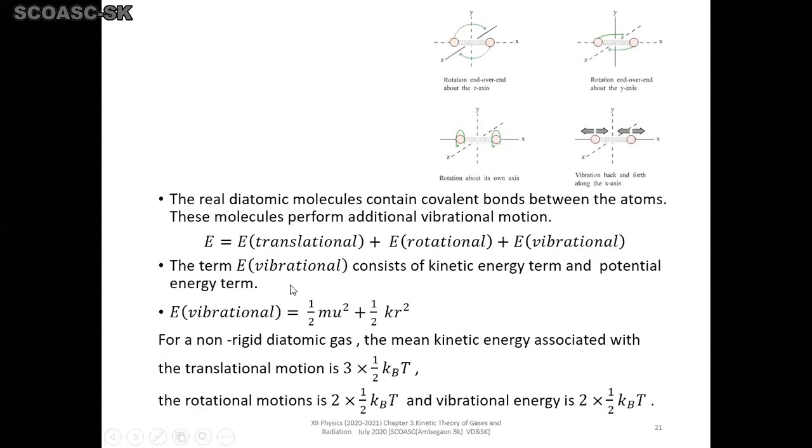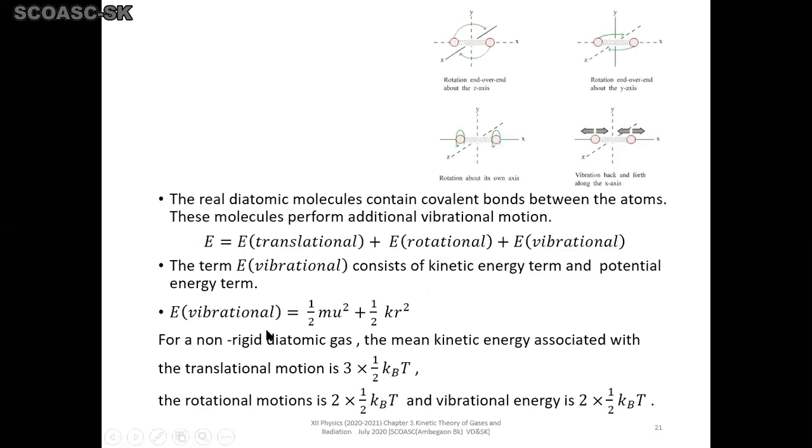Right. The vibrational energy due to the vibration consists of the kinetic energy term and the potential energy term. Now this E is not only kinetic energy from now on, right? It is the energy possessed by that particular molecule. It can be kinetic, and because it is vibrating, there is also a contribution of the potential energy.